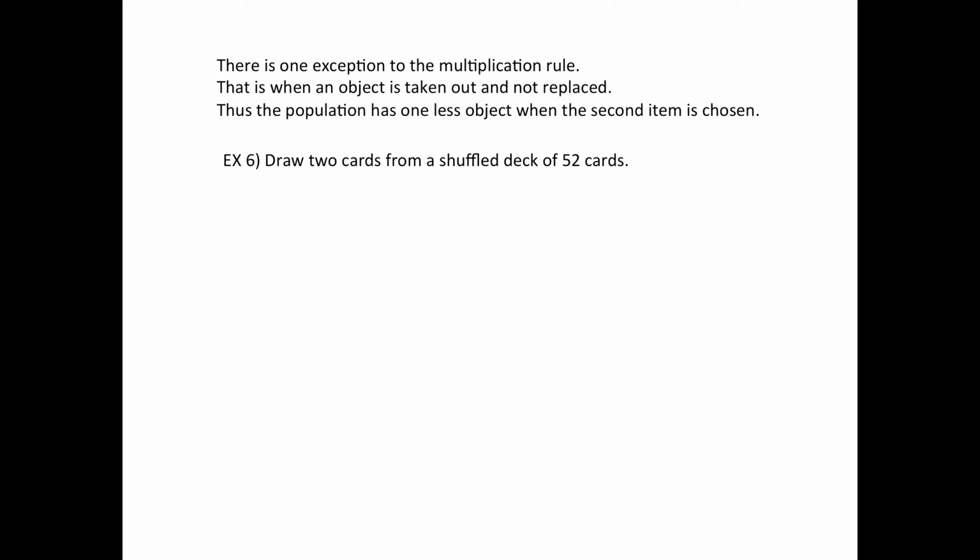That changes the population. When we're talking about gender, when the first child is a boy, that doesn't mean you take boy out of the picture and boy can never be chosen again. But with this card situation, if you take out a king of diamonds and you're holding it, then the person dealing the cards can't give you a king of diamonds again because you're holding it. So you have changed the population, you've changed the deck.